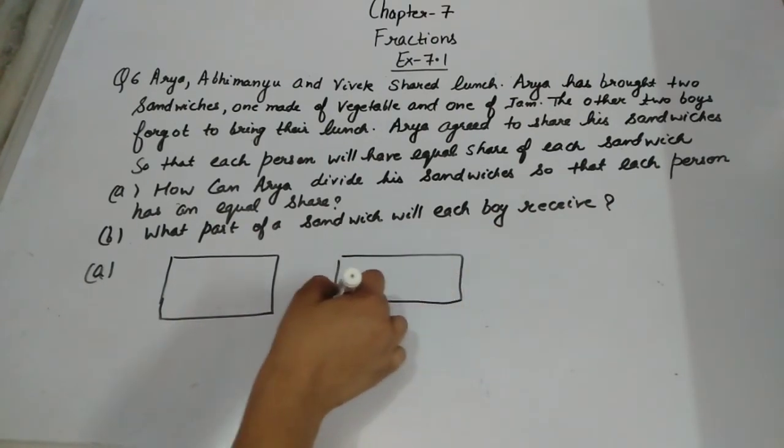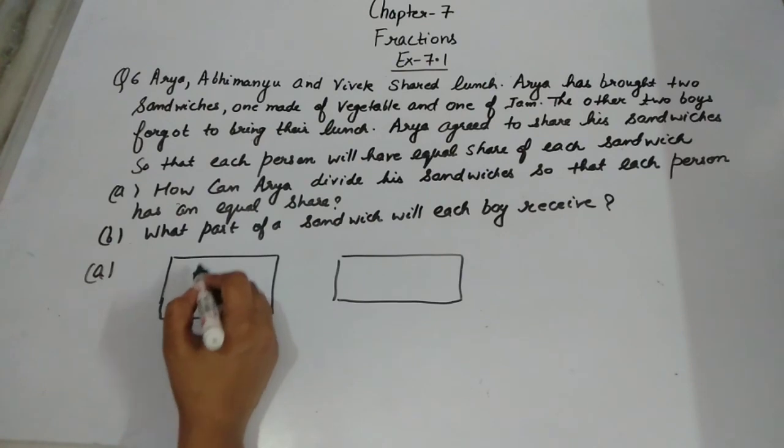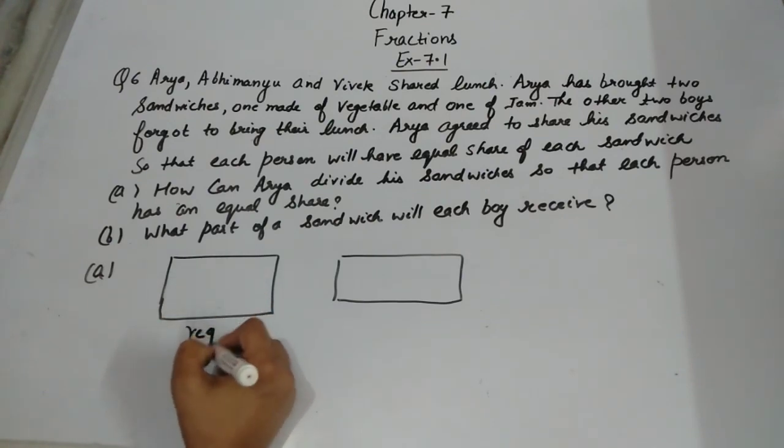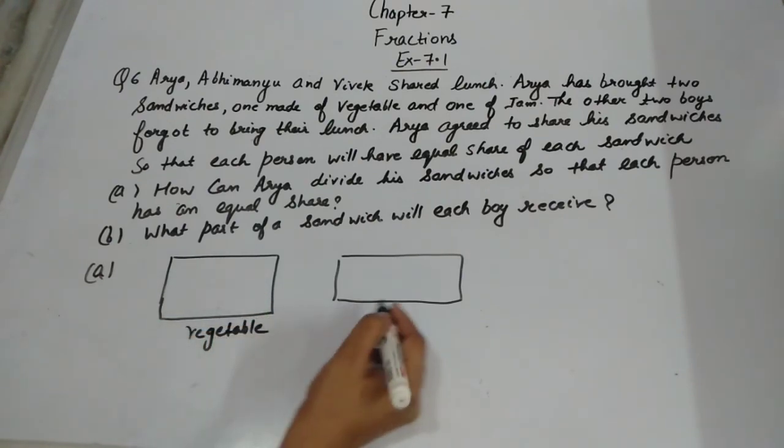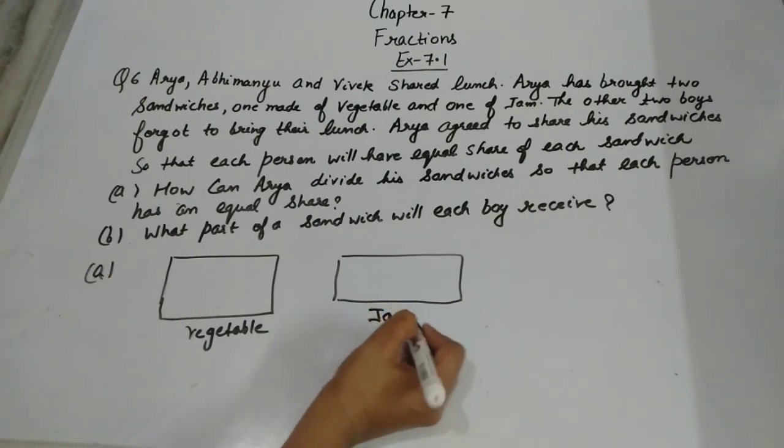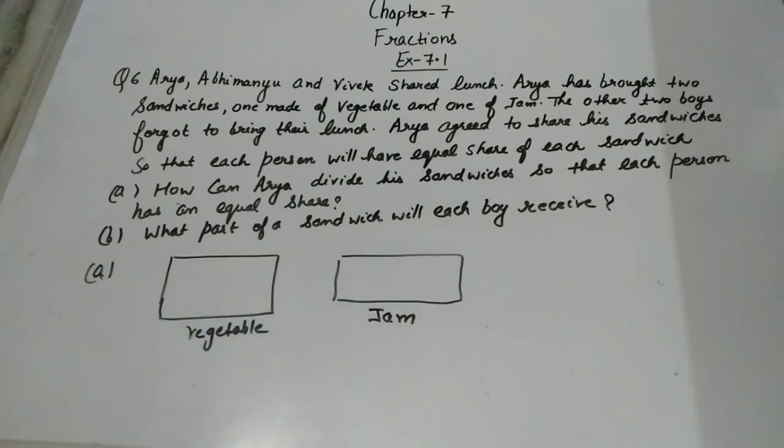These are the two sandwiches. This one is made of vegetable, and this is made of jam. Now how can Arya divide his sandwiches so that each person has an equal share? How will he divide it?